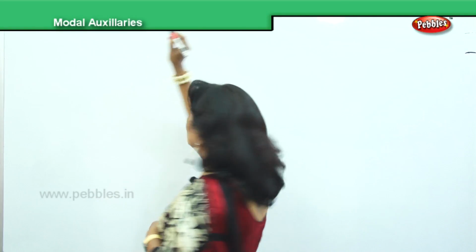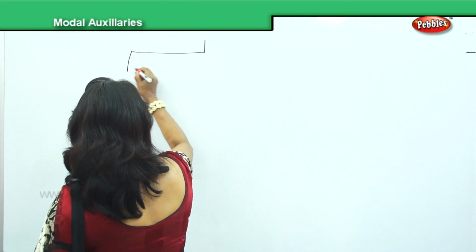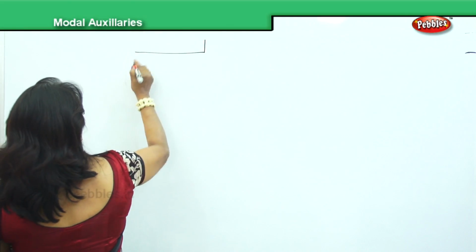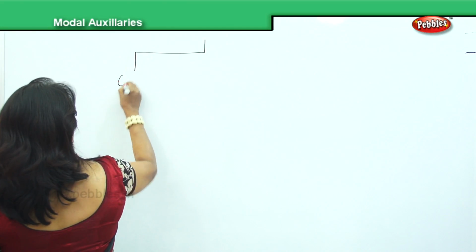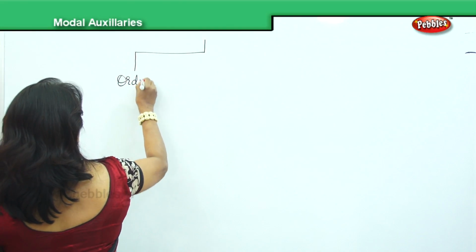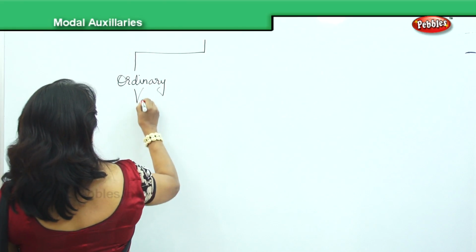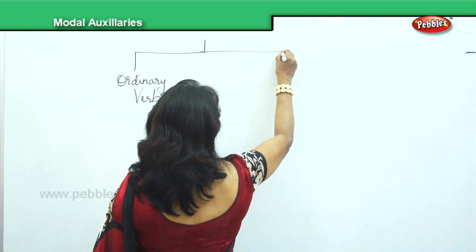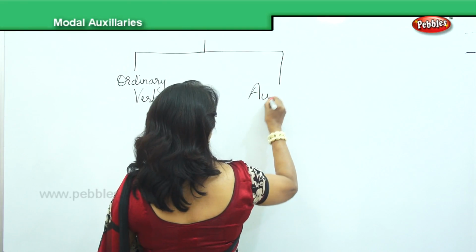Under verbs, we are just going to see the ordinary verbs, and the auxiliary verbs.